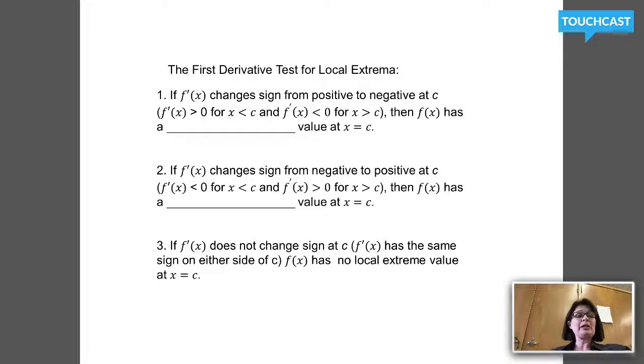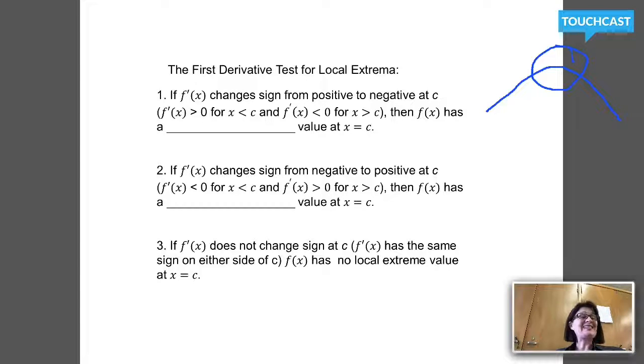If f prime changes from positive to negative, that means f must have changed from increasing to decreasing. What feature do I have there at that place where f prime changes from positive to negative? It's a relative maximum. So if f prime changes sign from positive to negative at some critical value c, then f of x has a relative maximum at x equals c.